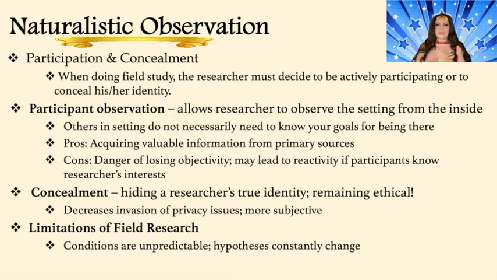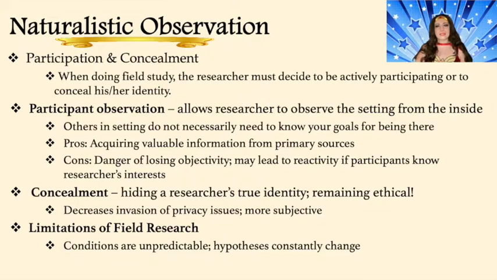So again, yes, that's a movie setting, but that's a great example of really thinking about and weighing the pros and the cons when it comes to determining if you want to conceal your identity or if you don't. Now, regardless of concealment or not, we do have a variety of different limitations when it comes to field research.